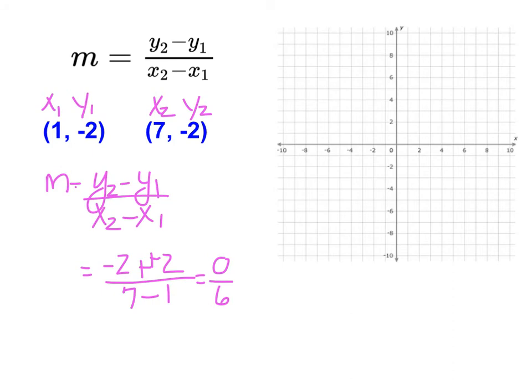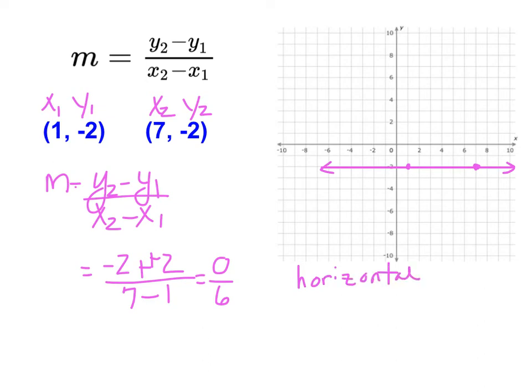Now I have a 0 in my numerator, and that brings up a special condition. So I'm going to show you what it is by graphing these 2 points. So let's go and graph 1, negative 2 is there, and 7, negative 2 is there, and we'll draw a straight line between those 2 points. And what we've created is a horizontal line.